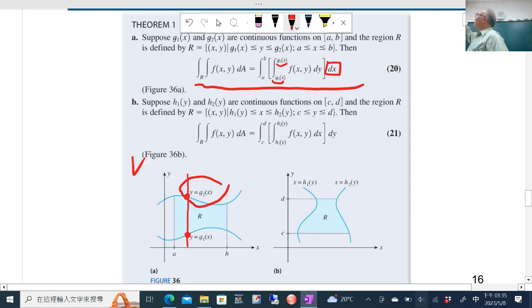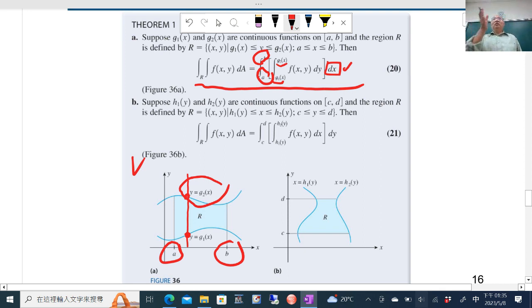So you can do the regular antiderivative using the variable y, and after you get the antiderivative, you plug in g2 minus plug in g1. You come out with a new function of x, and then do the integration on x. This time x will be from a to b. Okay, so this is the first type.